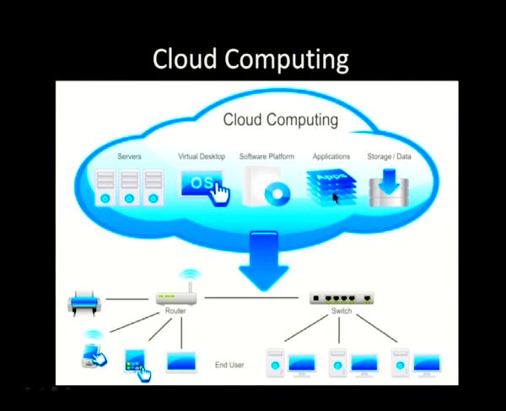Similarly, you can have different applications available in the cloud, different storage media available in the cloud, so that the data can be stored in that place. See, you would have seen the iCloud. iCloud means that Apple has the iPhone, then your iPad and your PC. All those three can be synchronized using iCloud.